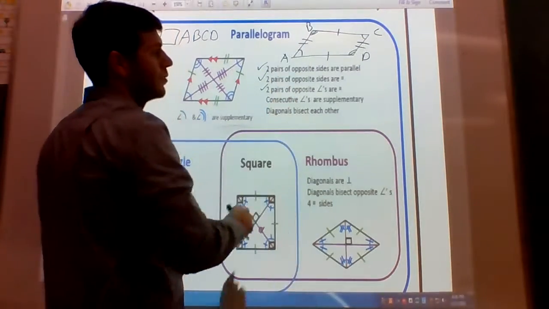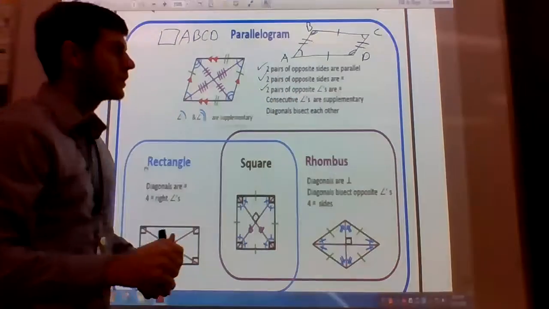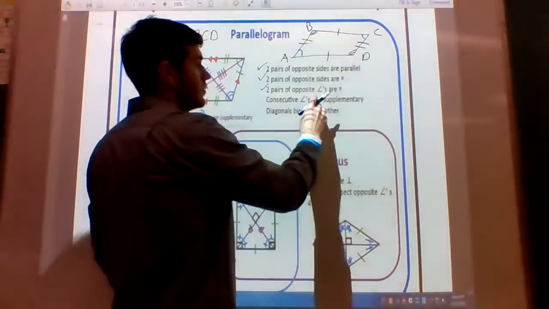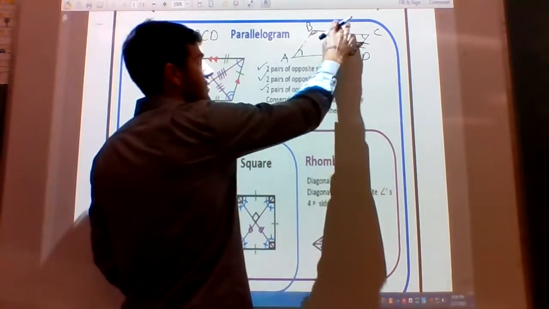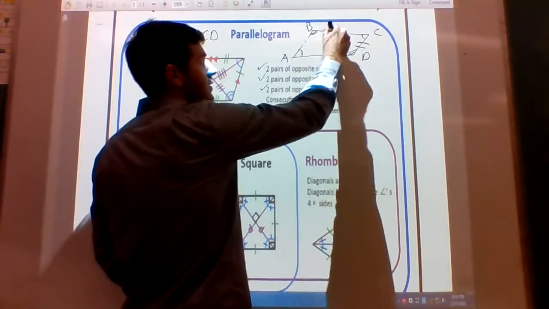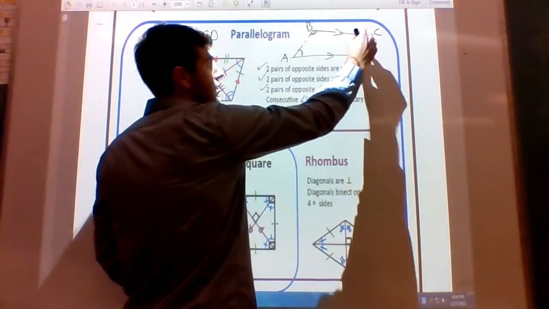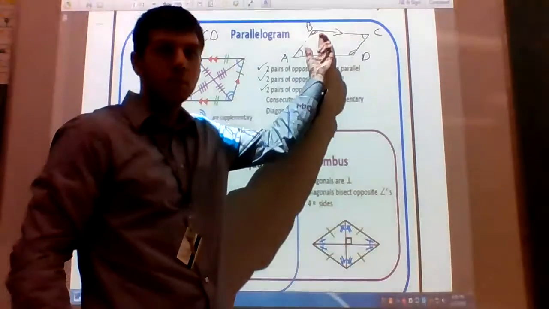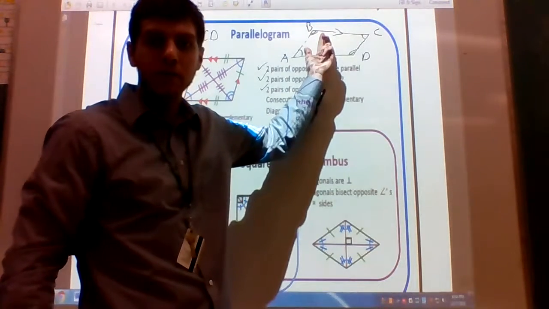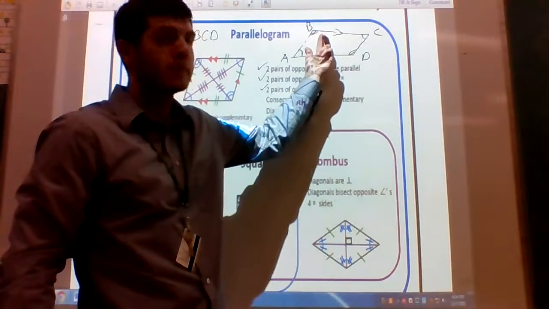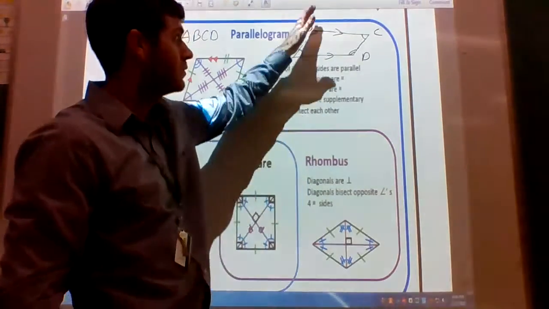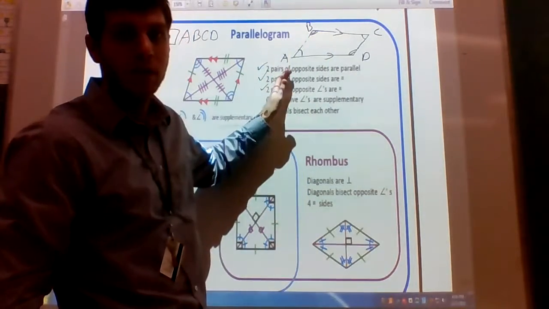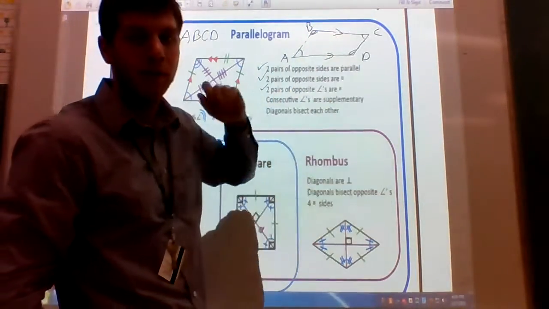Okay. So again, we know that these two sides are parallel. So we notice angle A and angle B are same side interior angles. They're both on the same side. AB would be our transversal, and BC and AD would be our parallel lines.